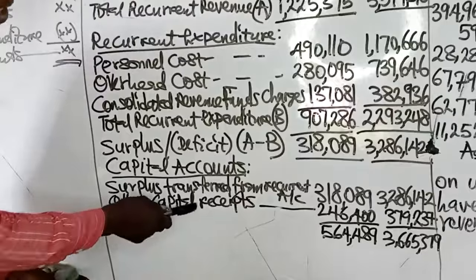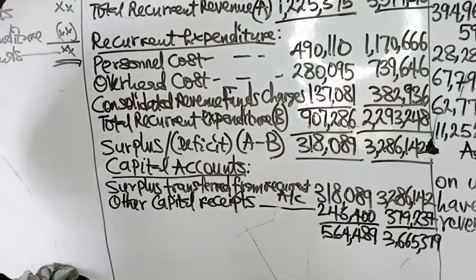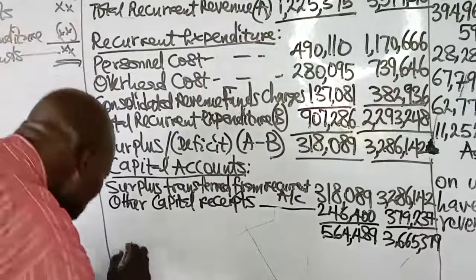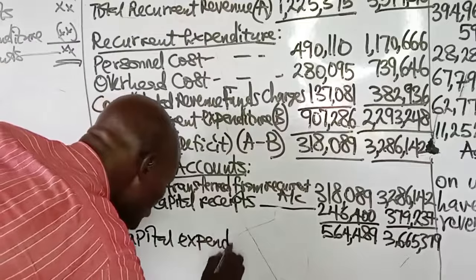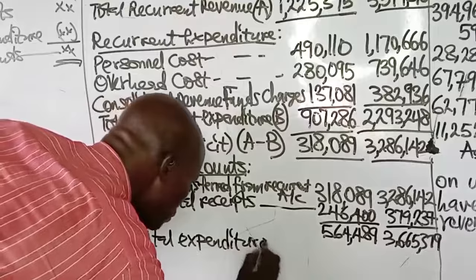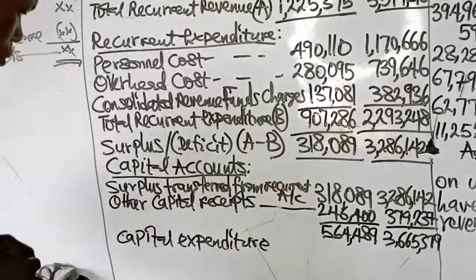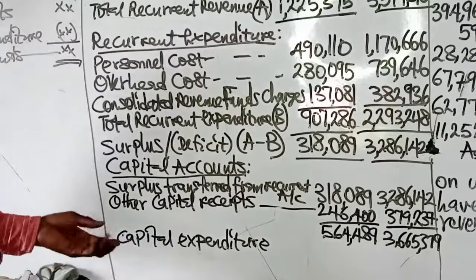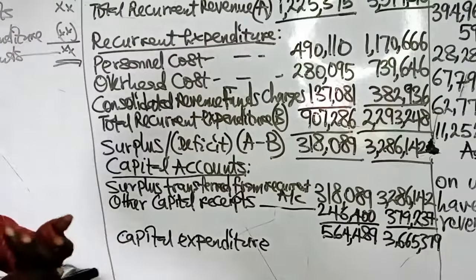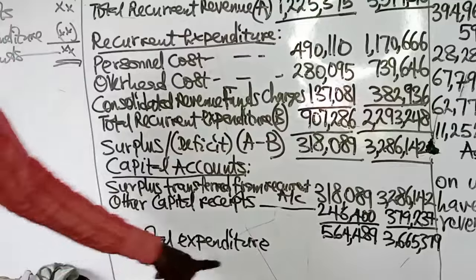After the capital receipts, you consider the capital expenditure. I've told you they are the expenditure incurred in either acquisition or construction of non-current assets. Expenditure incurred in acquisition or construction of non-current assets, they are capital.